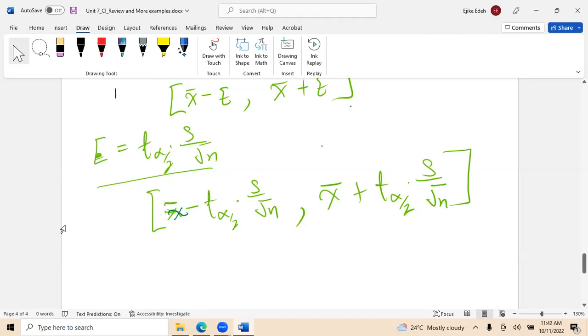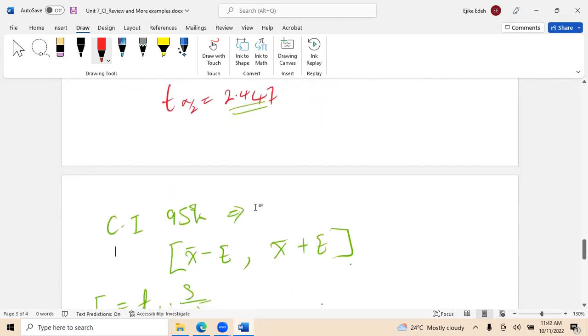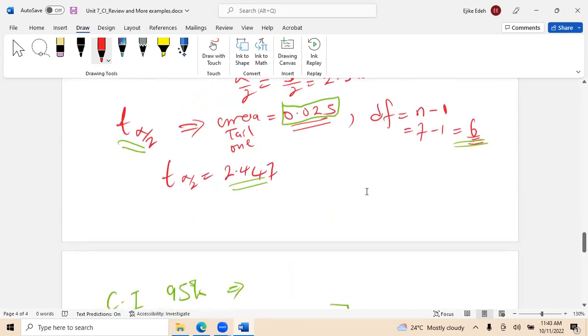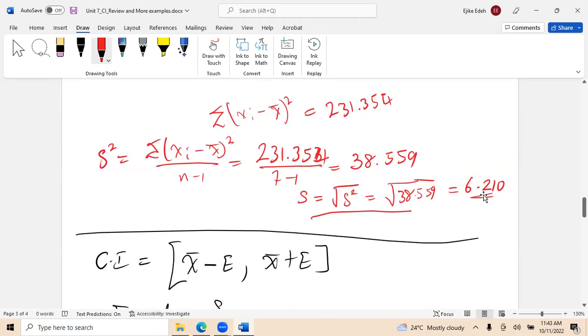All right, so let's compute just this one, which is the margin of error. Already we've gotten T critical, so we could say E is equal to 2.447 times the standard deviation, which we got to be 6.210.